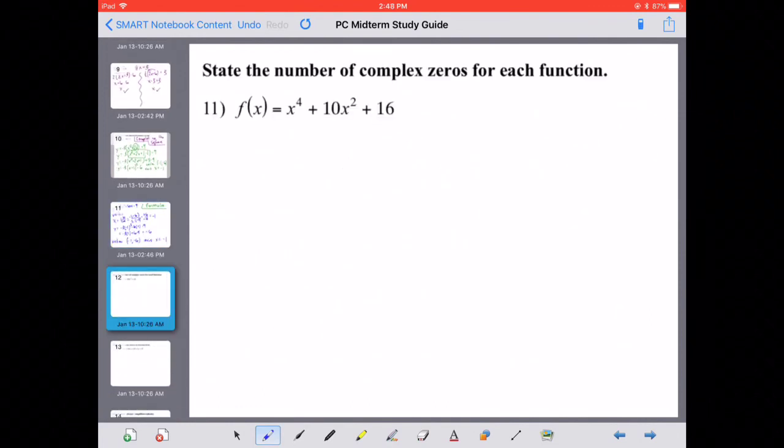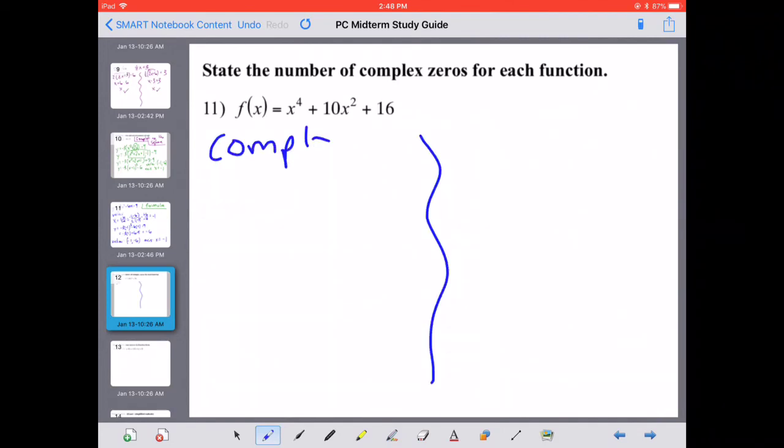Lastly, for this video, we're going to go over number 11, which is how to find the number of complex zeros for each function. In class, we talked about two different things: our complex zeros and our real zeros, which we also called the roots.